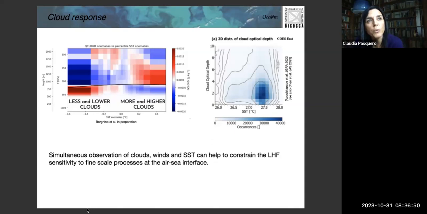So we are not exploring a wide region where SST varies, where we can have the same SST in very different dynamical regimes, because we are in a really narrow region. And so looking at high resolution sea surface temperature anomalies or sea surface temperature per se doesn't make much difference.